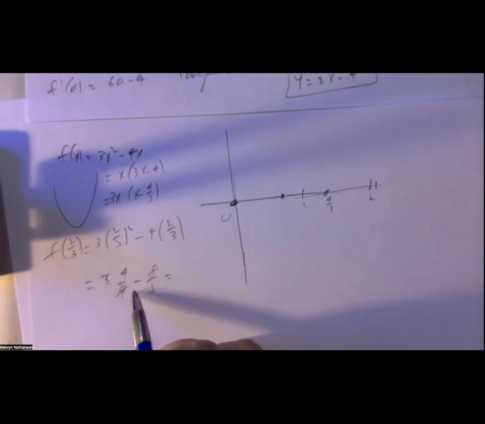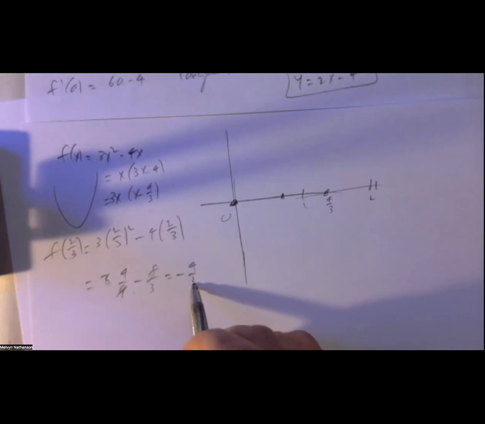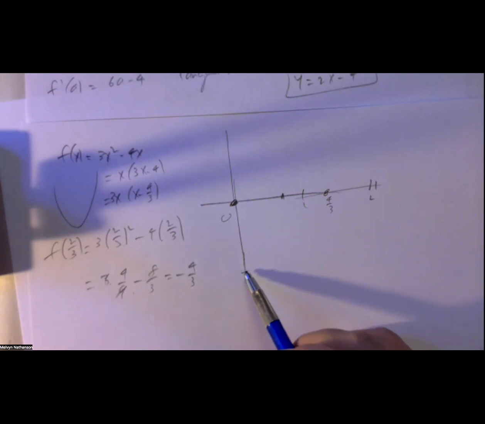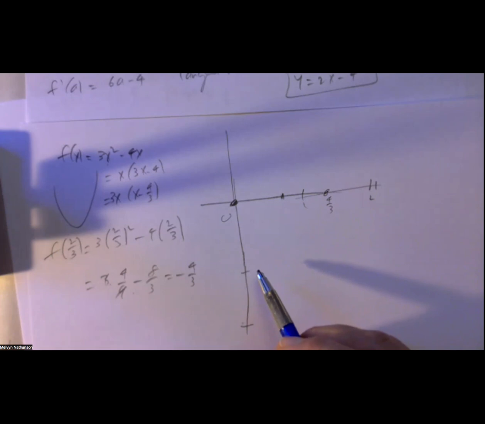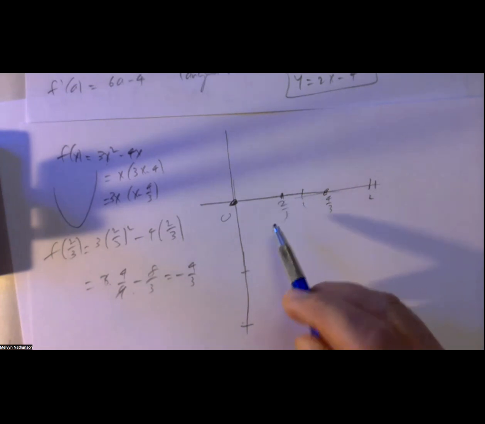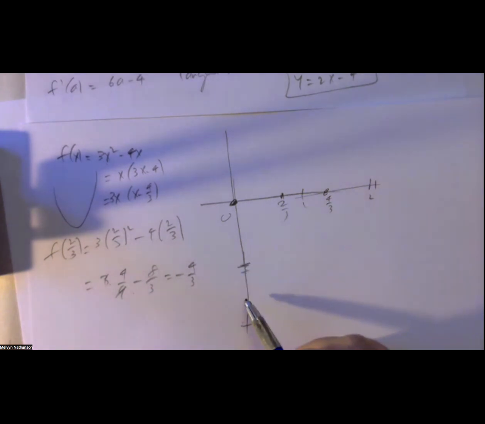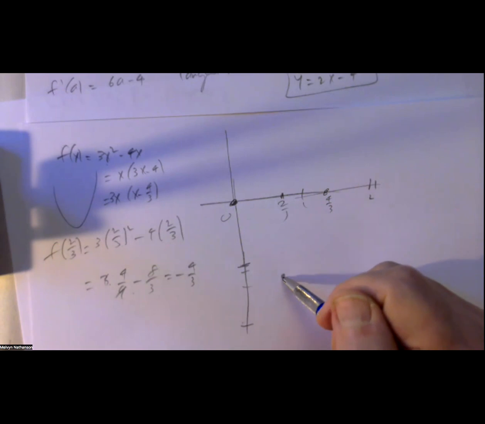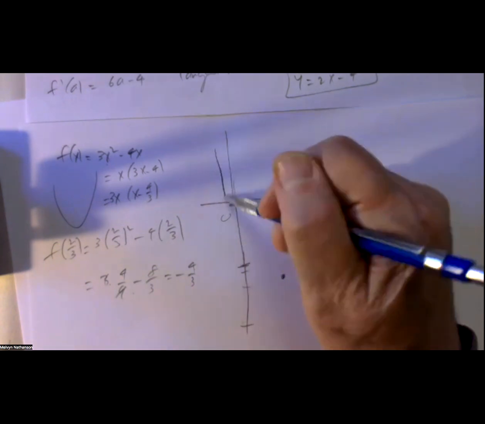This is 4/3 minus 8/3. That's minus 4/3. So when x is 2/3, this is minus 4/3. So this is the vertex of the parabola.